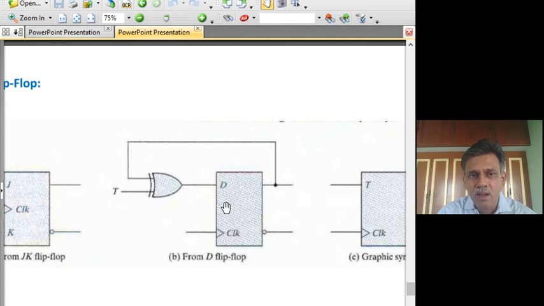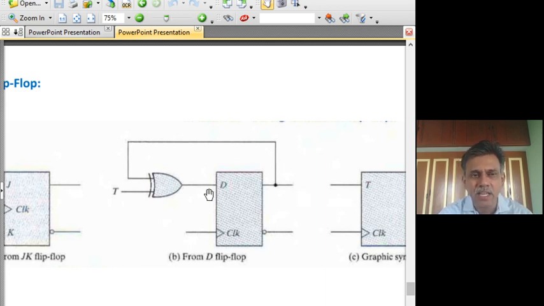We know how the D flip-flop works. Q plus is equal to D. So what you do is you use the characteristic equation of whatever may be the required flip-flop and give it as the D input of the D flip-flop, then that D flip-flop will work as the required flip-flop.